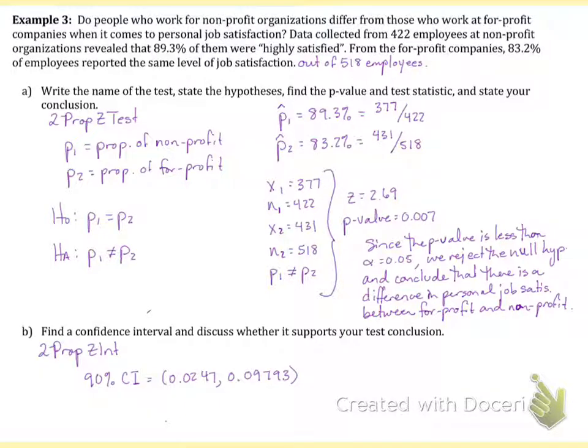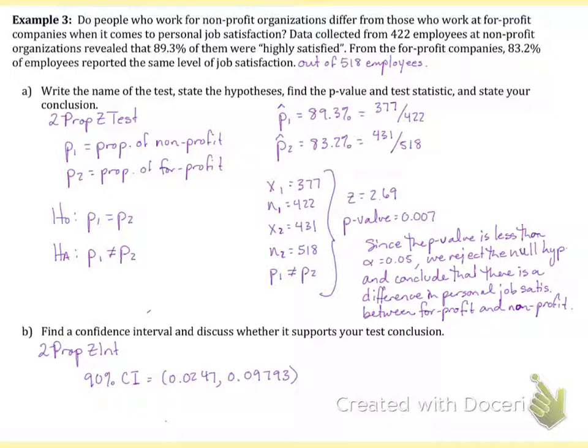Like I said, the confidence interval is based off of P1 minus P2. So because this is positive, it implies that P1 is greater than P2. And remember that P1 represents the nonprofit employees and P2 represents the for-profit employees.